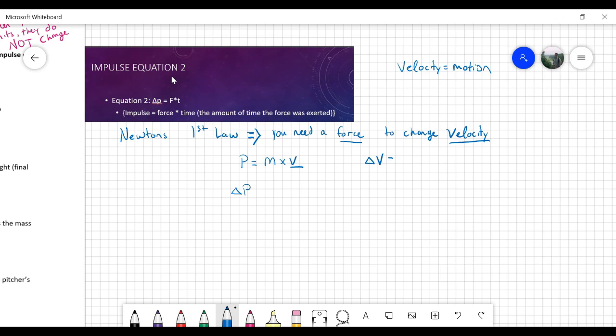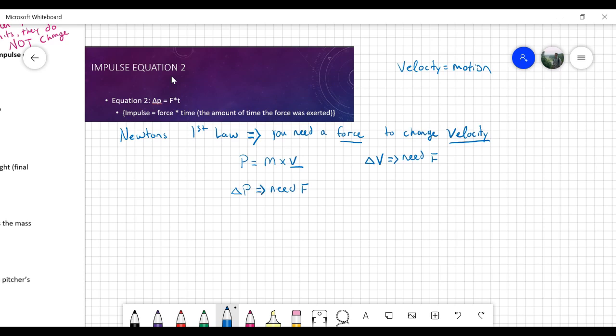Momentum is P. Because velocity is part of momentum, to change momentum, you need force.